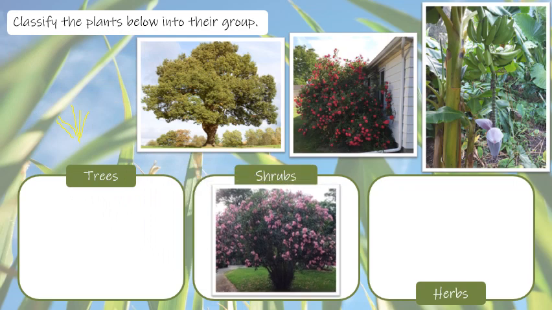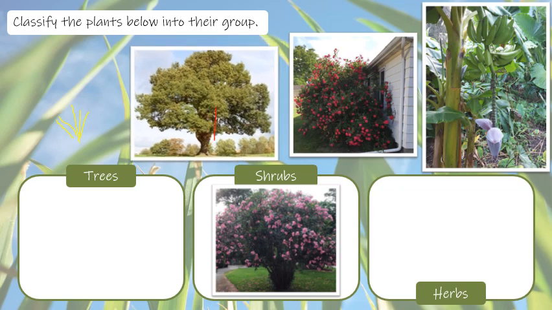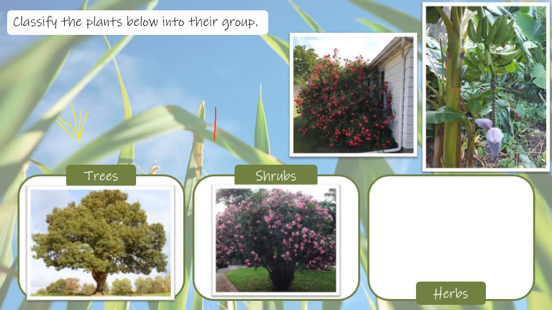What about the second pic? Is it a tree? Is it a shrub or a herb? This plant has one hard, thick stem called a trunk and it is large in size. So this is a tree. Well done.